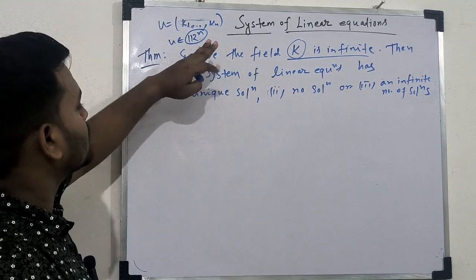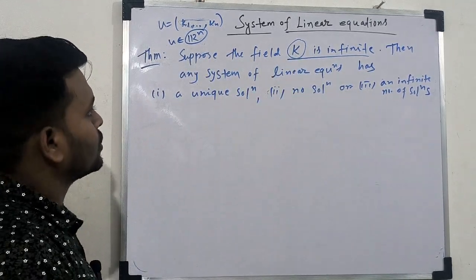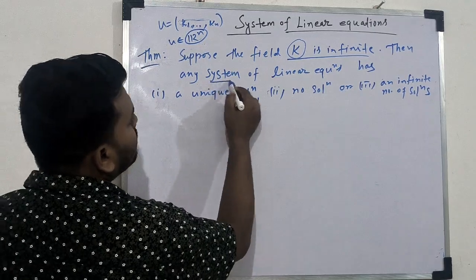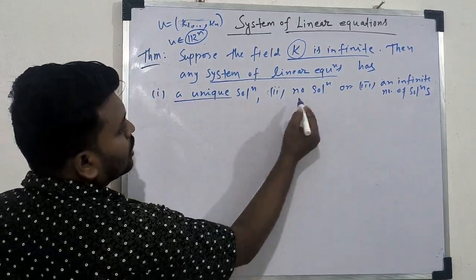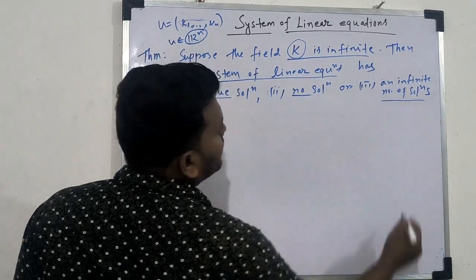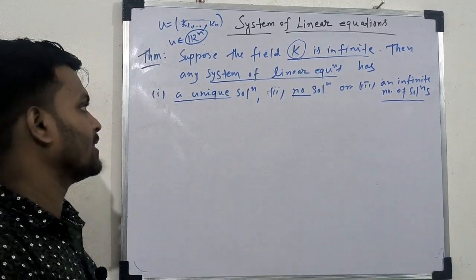So in general, here K is the field taken in this theorem. So if K is infinite, then any system of linear equations has a unique solution, no solution, or an infinite number of solutions. So there are three possibilities.